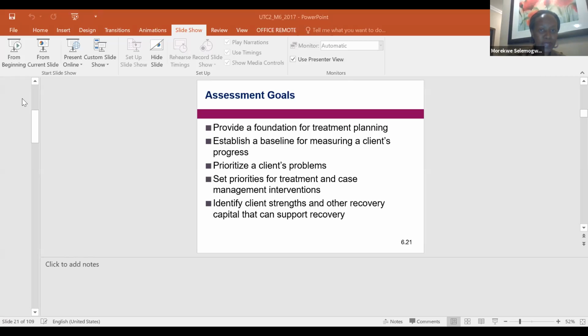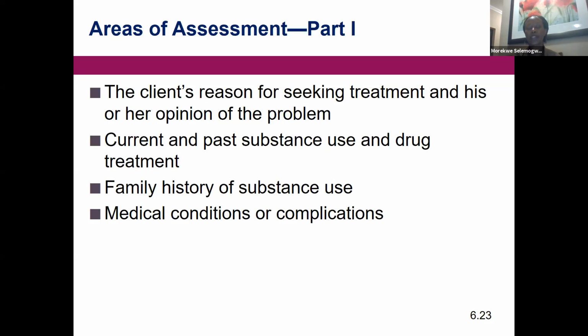He took us through to screening, and he defined what screening is. He also made a clear distinction between what screening is and an assessment.